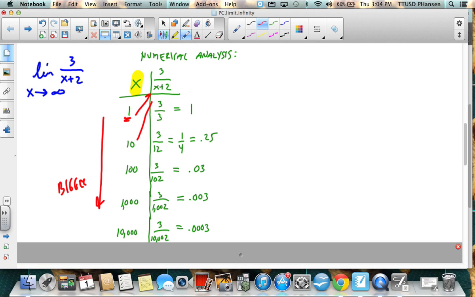When I put 10 into that x, I'm going to get 3 over 10 plus 2, which is 12, so 3/12 is 1/4, which is 0.25. When I put in 100, I get 3 over 102, which is 0.03.